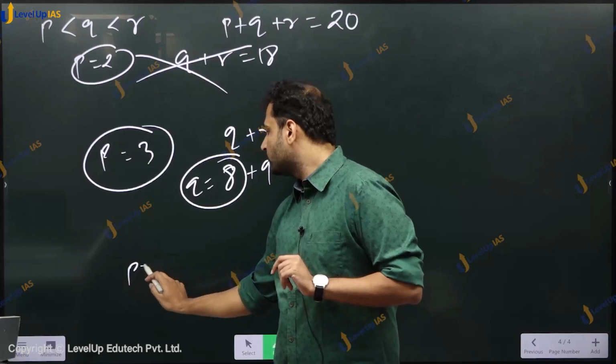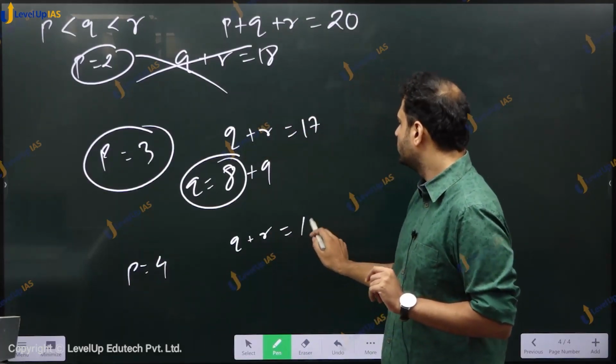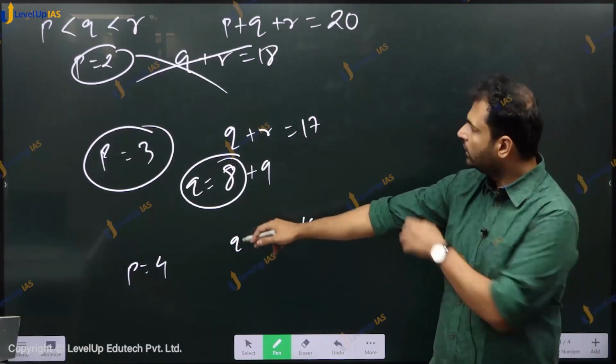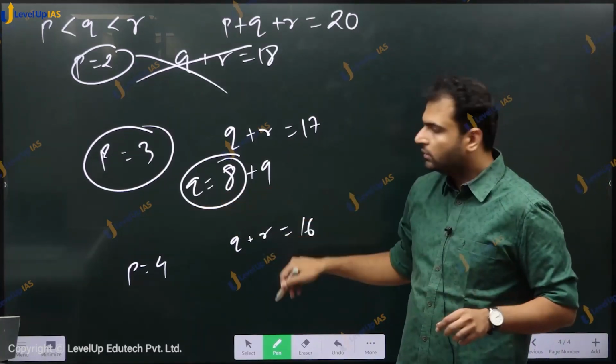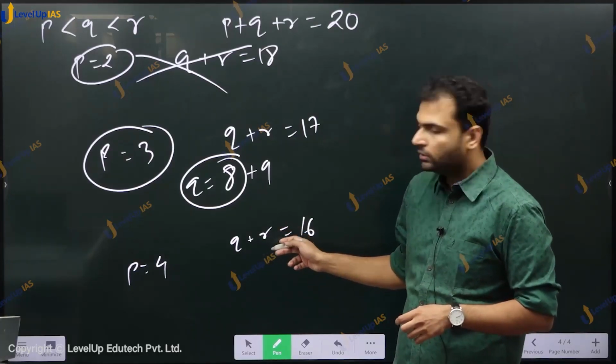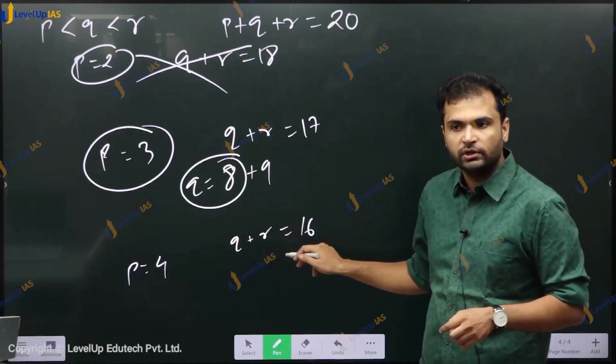If we have P is equal to 4, then Q plus R is equal to 16. Now any other possibilities of Q? Q equal to 8, I already have. Q is equal to 9. 9 cannot be there because R would be greater than Q. And if R is 9, Q can be 7. 7 plus 9 is a possibility.